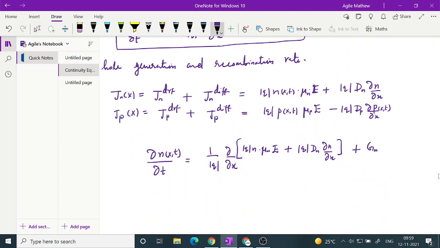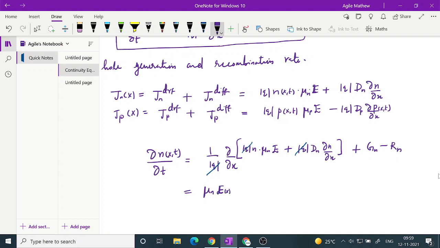Now we have the derivative of two terms, and you can cancel these q's. Here n and E both are functions of x, so you have to apply the product rule.